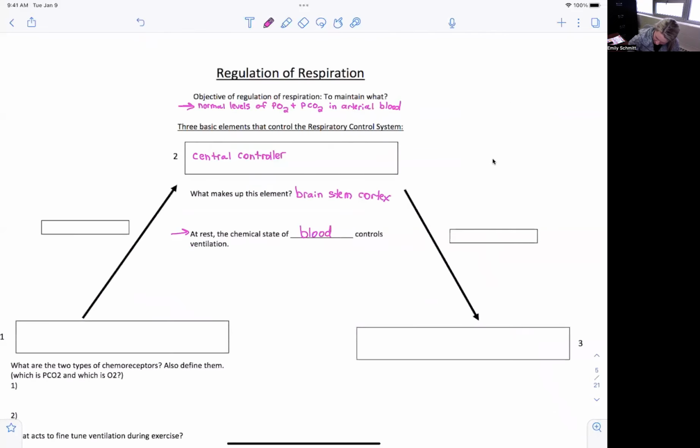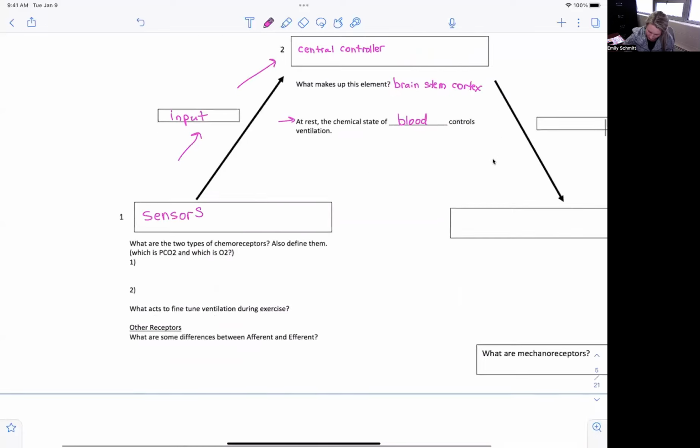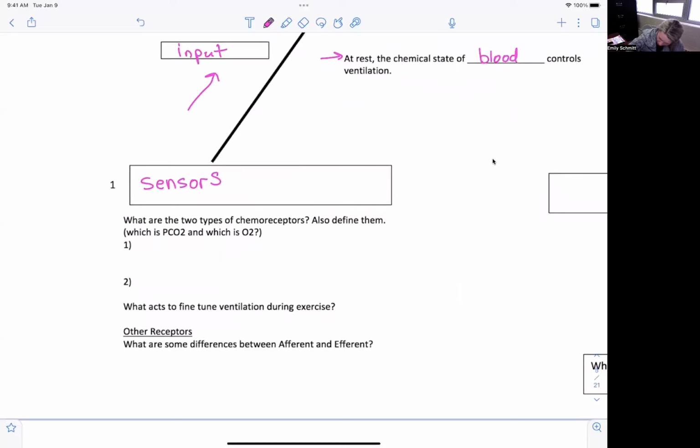Let's come down here to number 1, where we're going to have sensors that provide input to our control center that will help to maintain and control ventilation. There are 2 types of chemoreceptors.